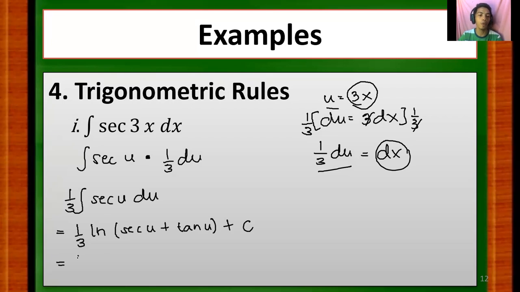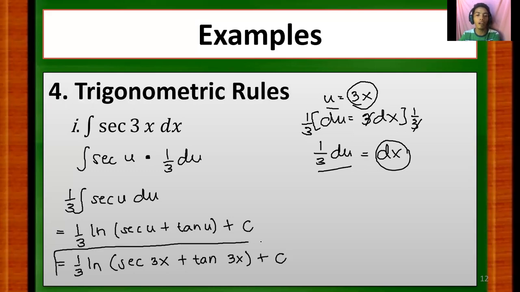So I will have 1/3 ln. So papalitan lang natin ng kung anong ginamit natin na u. So magkakaroon tayo ng 1/3 ln of secant 3x plus tangent 3x plus c. And this is our antiderivative. Okay?